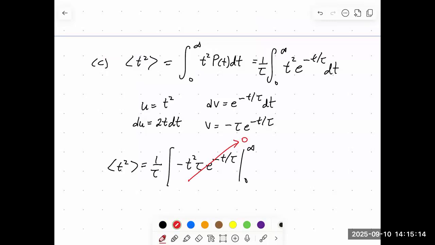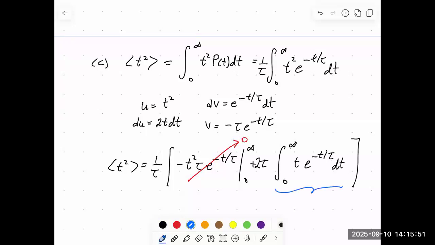Okay, and then we have minus the integral of v du. Again, we'll have this minus tau factor, so we end up with a plus tau. Integral 0 to infinity. And let's see, du is going to give us a 2t. So let me put the 2 over here, I'll put the t here, e to the minus t over tau dt. Okay. What is this?